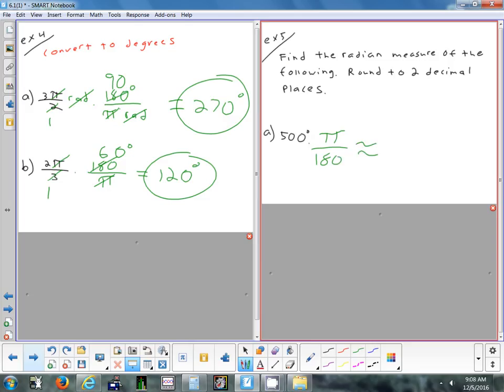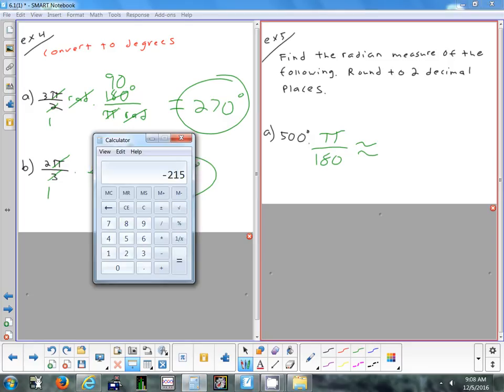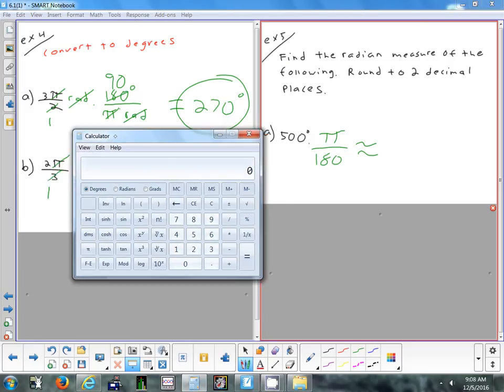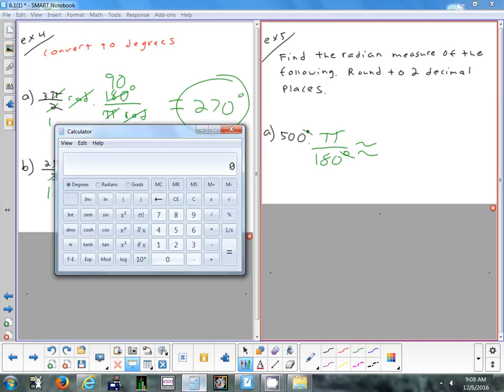Okay, so to do a problem like this, literally you just type it in exactly like you see it. So we multiply by pi, divide by 180. That cancels degrees. And use your pi button. Don't use 3.14. It's more accurate to use that. So 500 times pi, divide by 180.